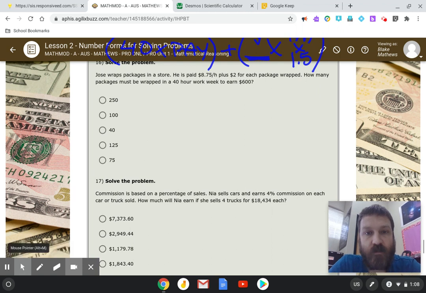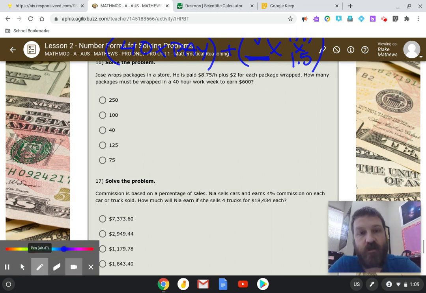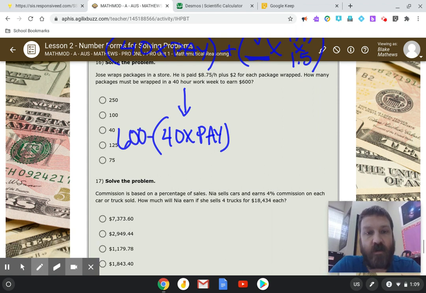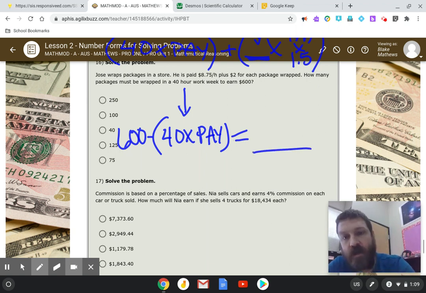Jose wraps packages. He's paid $8.75 an hour plus $2 for each package. How many packages must be wrapped in a 40-hour work week to earn $600? First things first, how much does he make in 40 hours? 40 hours times his pay. Then you need to subtract that from 600. 600 minus his pay is going to tell you how much he needs to make from packages.